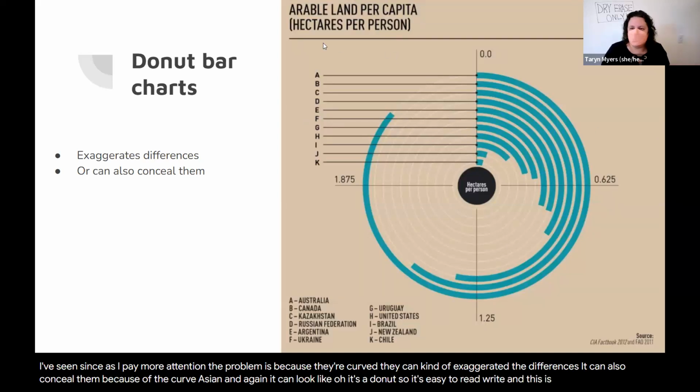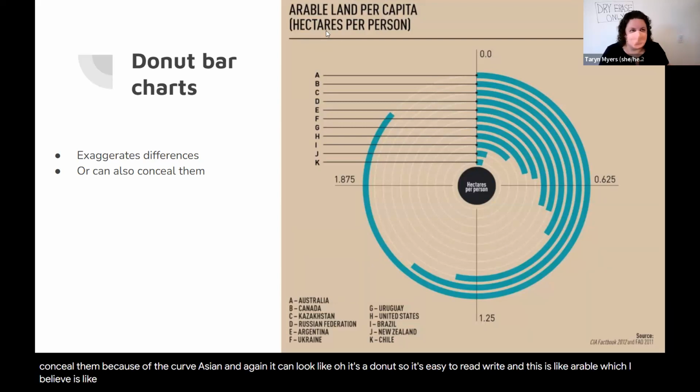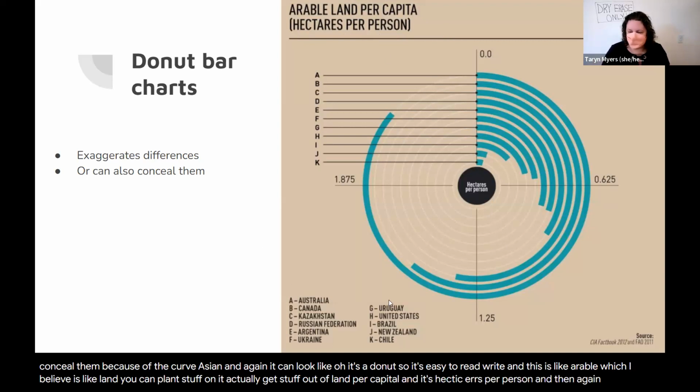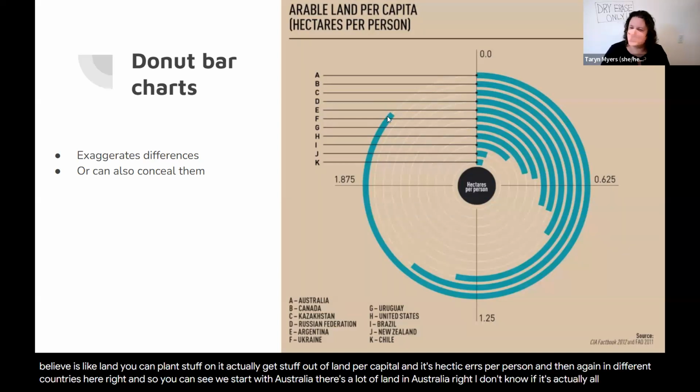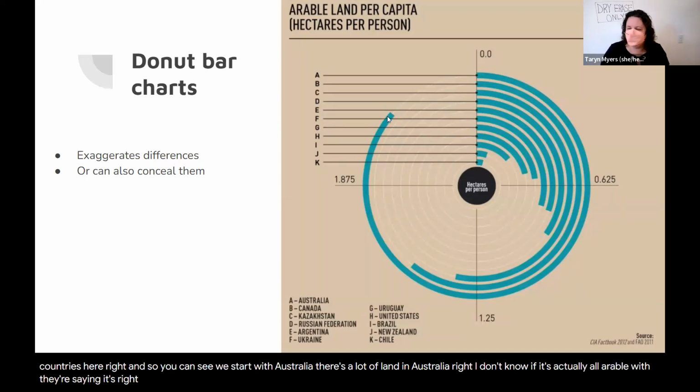And this is arable land, which I believe is land you can plant stuff on and actually get stuff out of, land per capita, in hectares per person. And then again, different countries here, right? And so you can see we start with Australia. There's a lot of land in Australia, right? I don't know if it's actually all arable like they're saying it is.